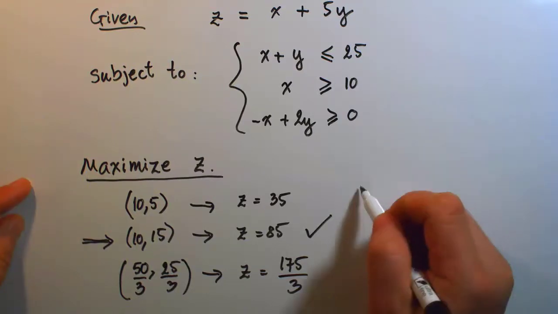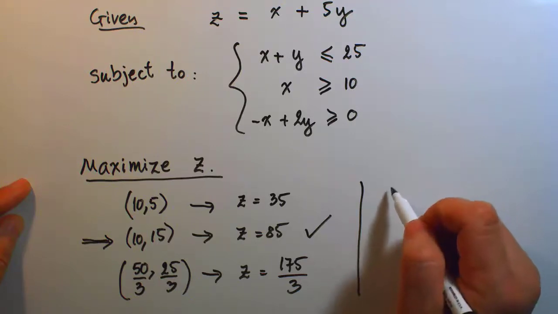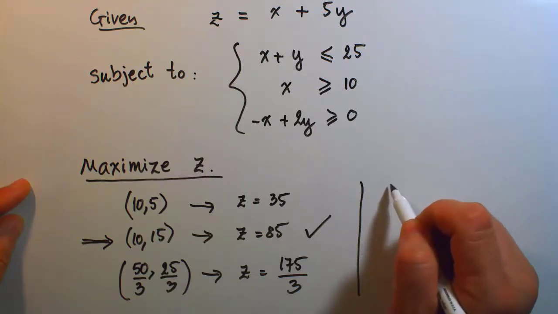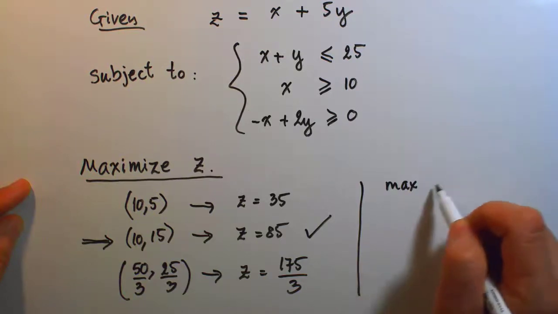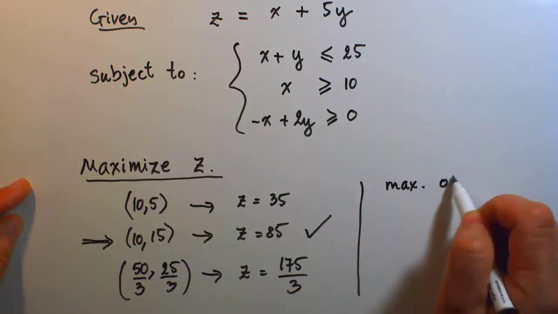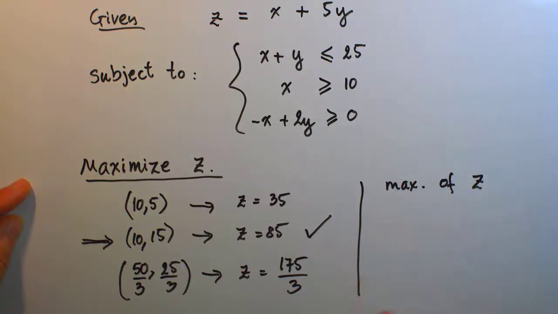So here's our concluded solution. We can say that the maximum value of z equals, what's the highest value here? 85.